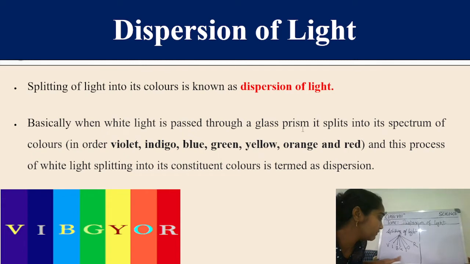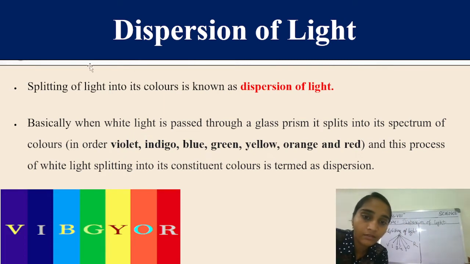It means these are the seven colors present in it, right? Yes, violet, indigo, blue, green, yellow, orange and red. And this process of white light splitting into the constituent colors is termed as dispersion. What is it called? Yes, it is called the dispersion of light.